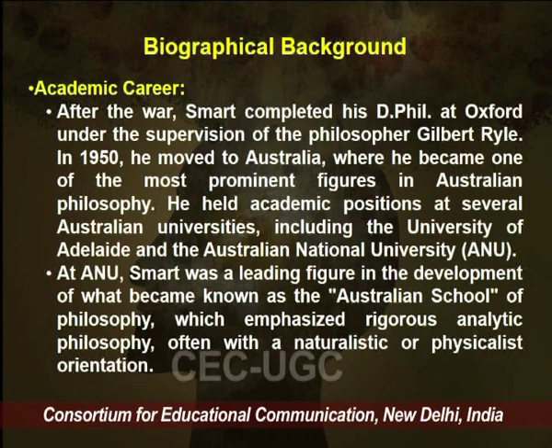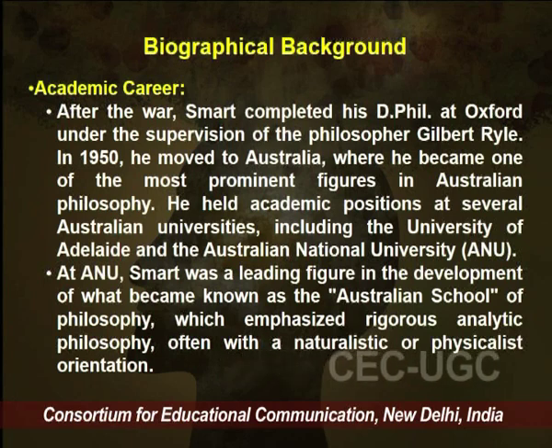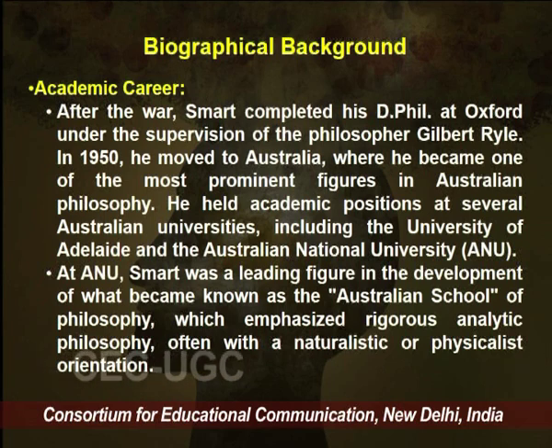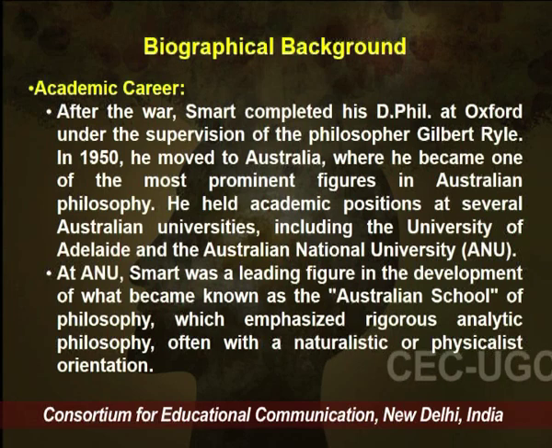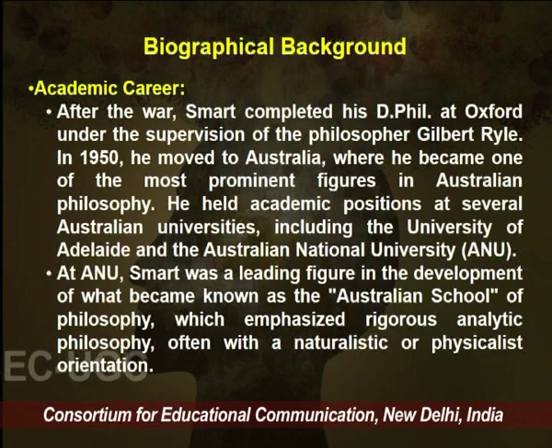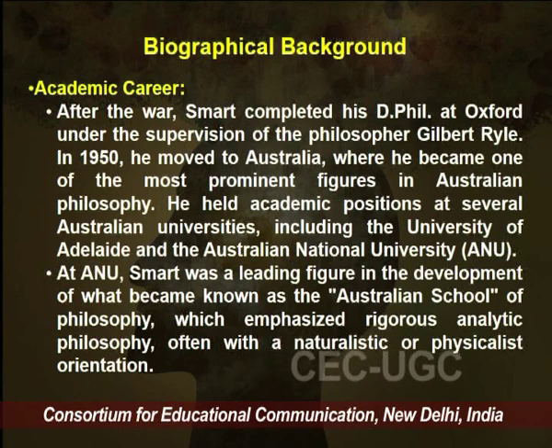In 1950, he moved to Australia, where he became one of the most prominent figures in Australian philosophy. He held academic positions at several Australian universities, including the University of Adelaide and the Australian National University, ANU.